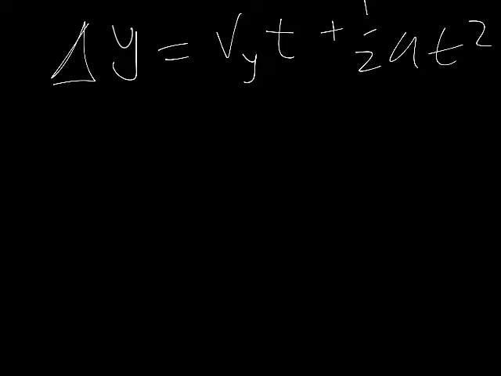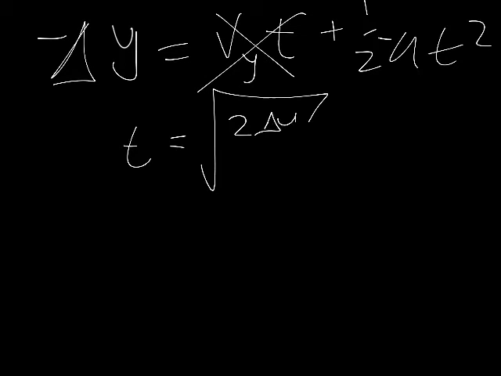Vy vertically is 0. The delta y we know to be 78 point whatever, and we know a to be negative g. So this delta y is negative, this a is negative, and that's going to cancel. So we get t is equal to the square root of 2 delta y over a.